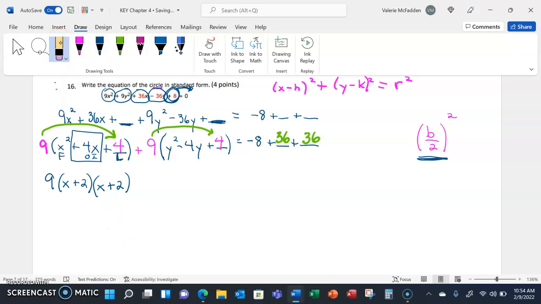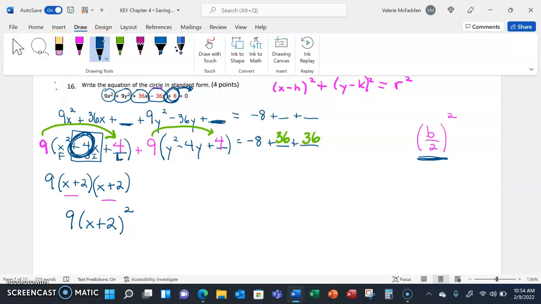Okay, the shortcut is, you see how we're going to get x plus 2 times itself? So in the next line, I'm going to write 9 times (x plus 2) squared. The shortcut is, it is always going to be half of your b term. My b term was a positive 4, so half of a positive 4 is a positive 2, and then squared. Okay, so let's try it.